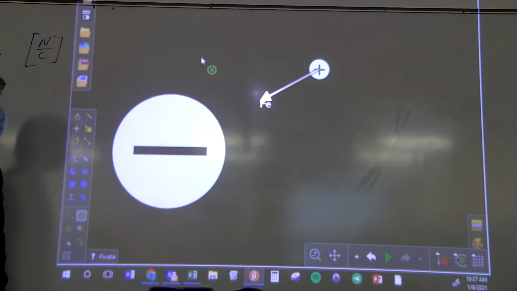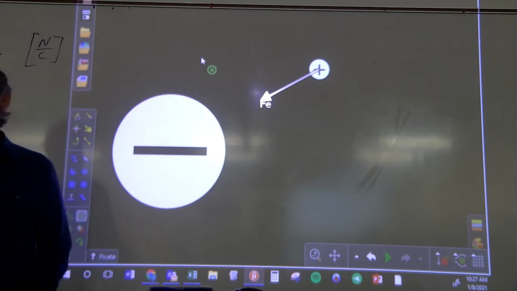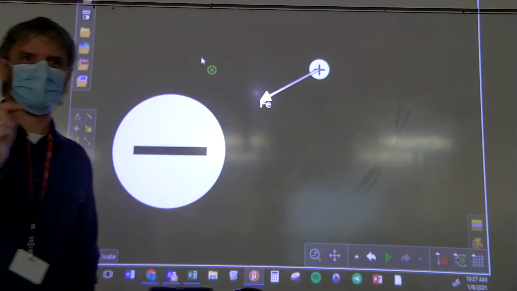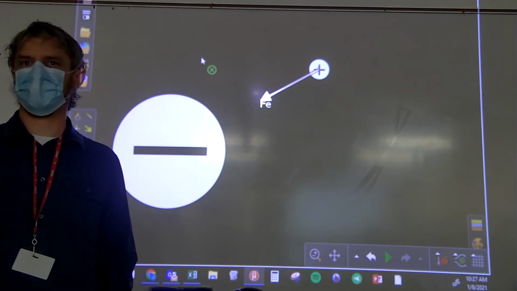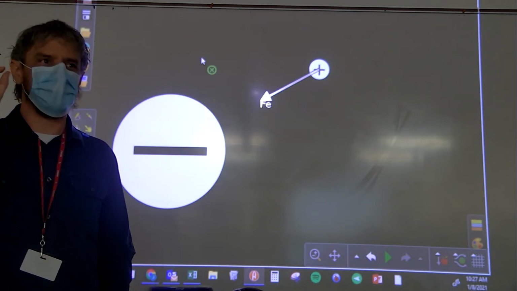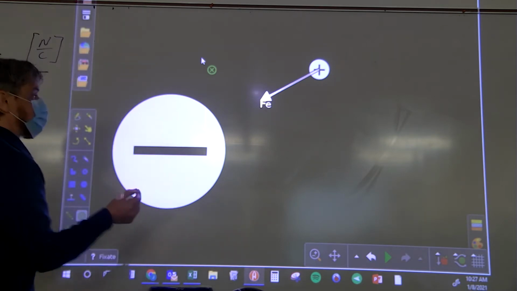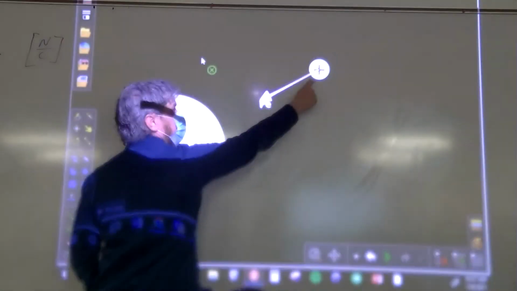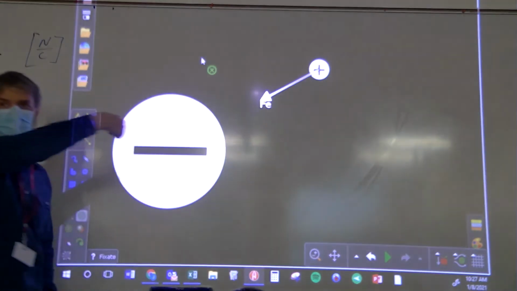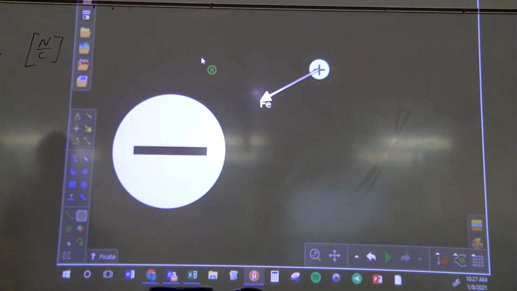Okay. Specifically, they say that the electric field direction is defined in terms of what direction a small positive test charge would feel a force. So if I take a small positive test charge like this guy and put him within the field, it feels a force that way. That's the direction by convention that we call the electric field. Okay.